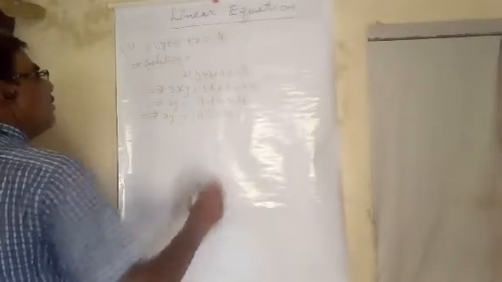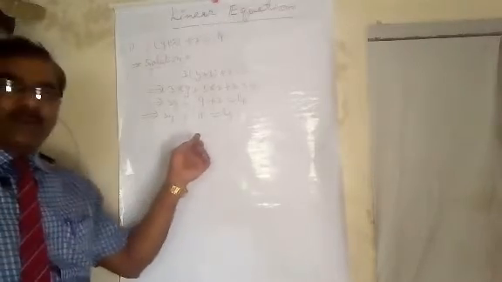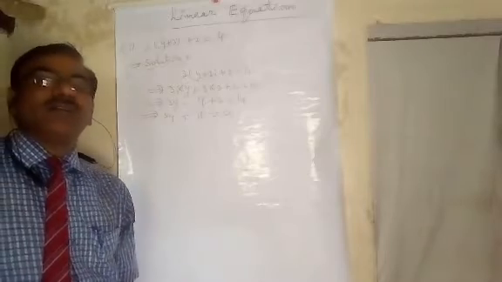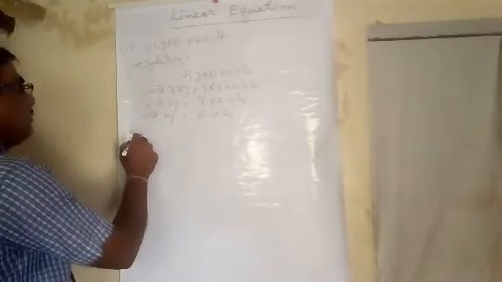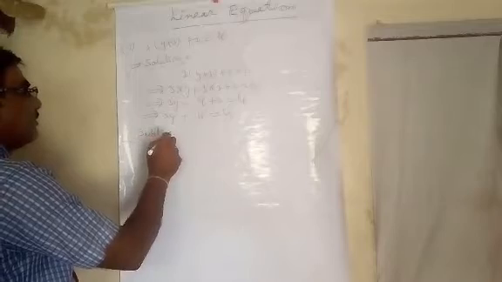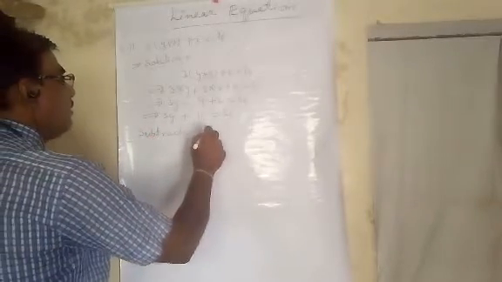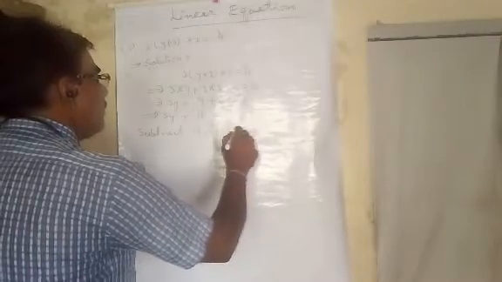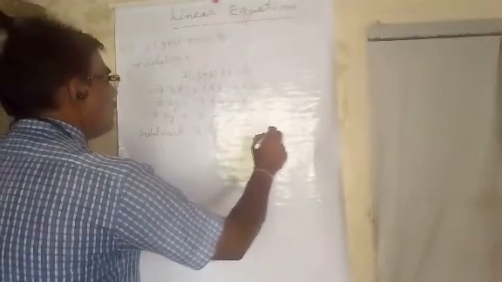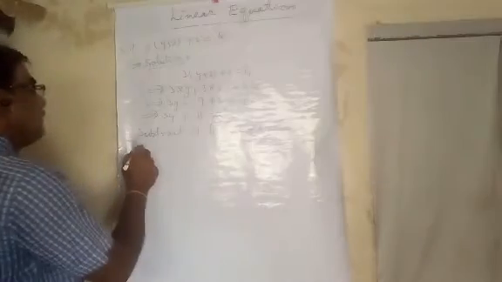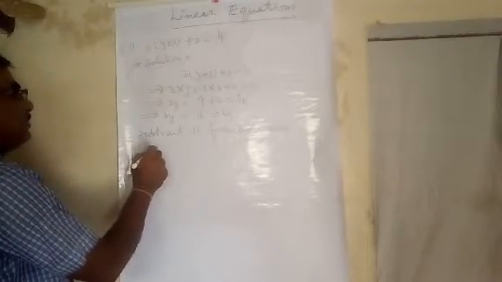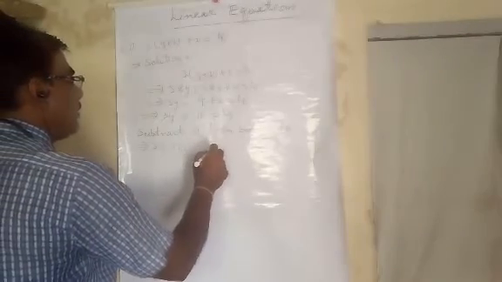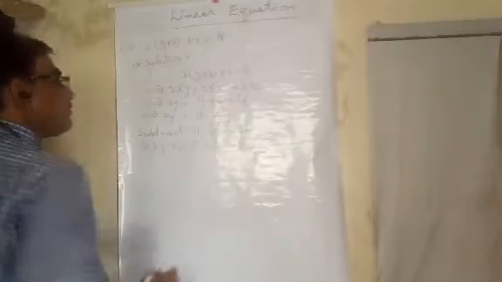Now here is plus 11, therefore we subtract 11 from both sides. Then it will be 3y plus 11 minus 11 equal 4 minus 11.